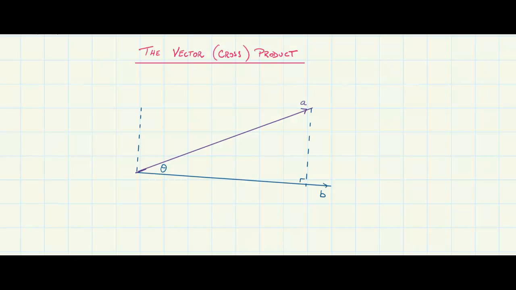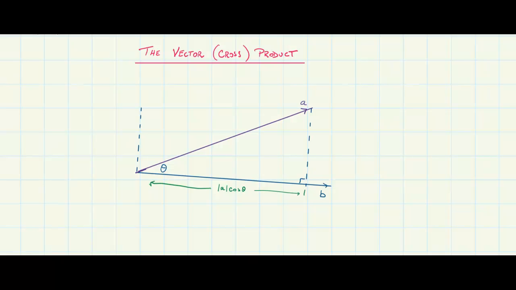This is a right angle, and this distance here is A cos theta. So we know that the dot product was the magnitude of A cos theta by the magnitude of B. That would give us the dot product.